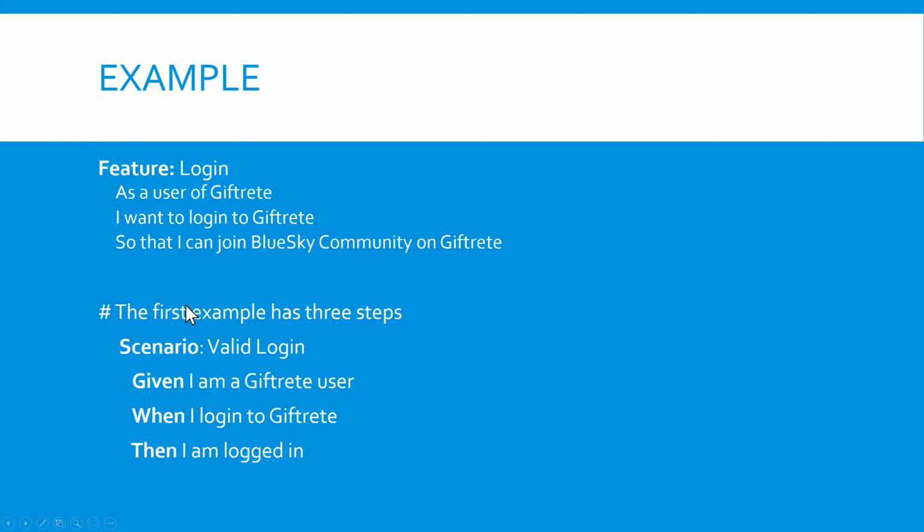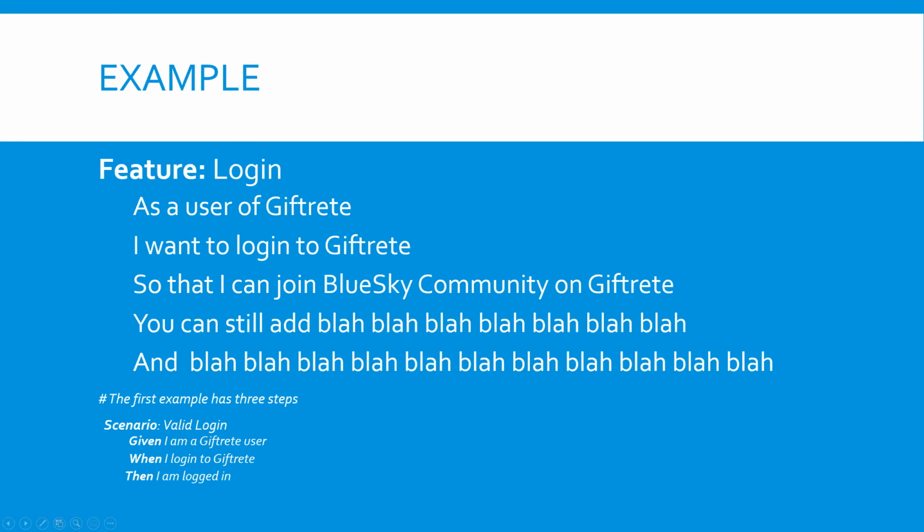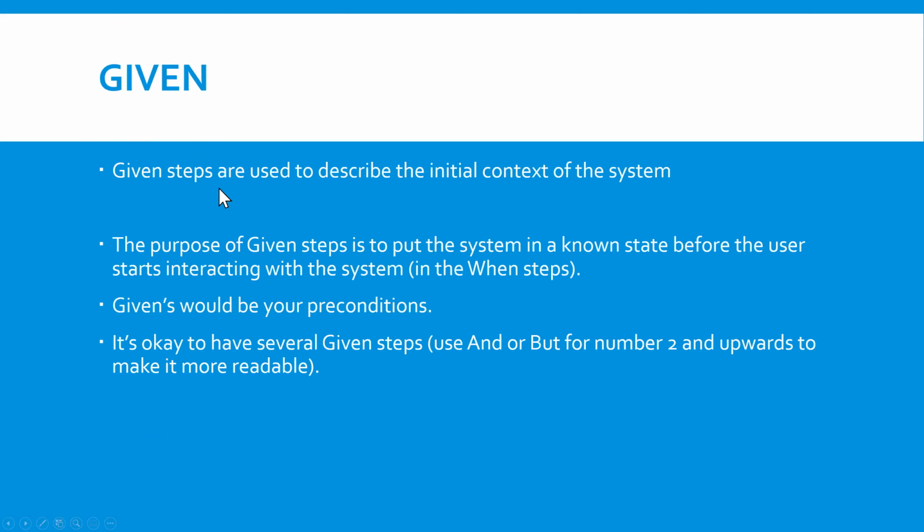I've spoken about this as well. So let's go to the given. The given, like I said, is basically a precondition. For those who don't know what a precondition is, it's before you start your testing, what is the state your system should be in?